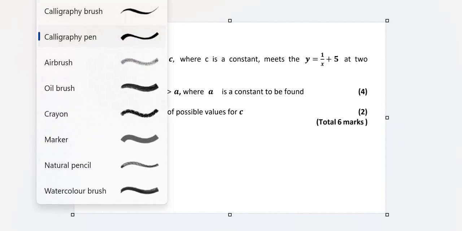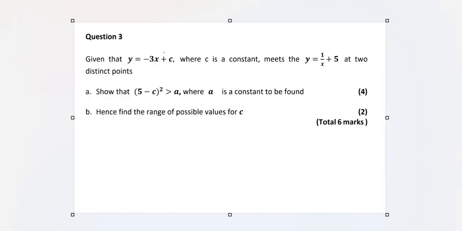Well, let's think about what this is. So this is a linear, and this is a reciprocal. What it's saying is basically they meet at two distinct points. Well, if they meet, that means that minus 3x plus c must be equal to 1 over x plus 5.